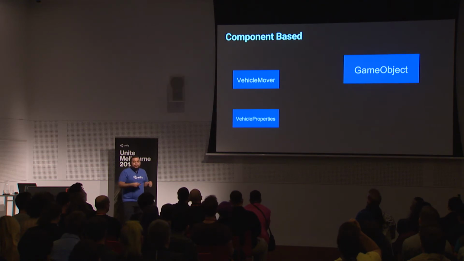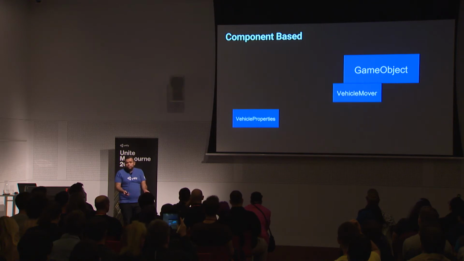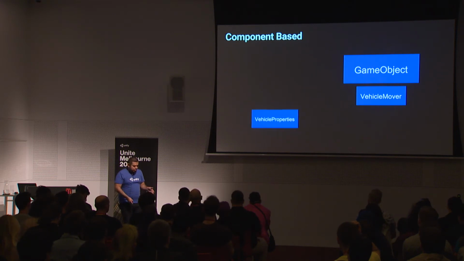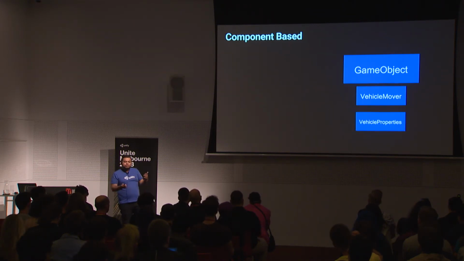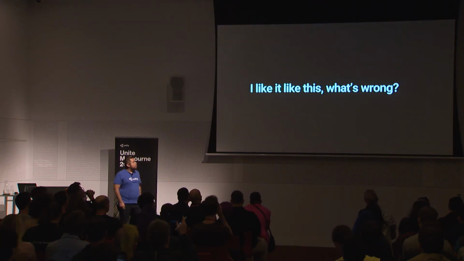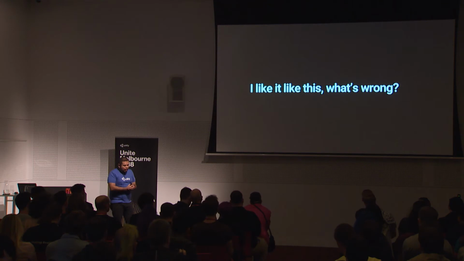If you're using MonoBehaviours, this is usually how it works. We have a root object, a node object that doesn't do anything. If we want this object to move, then we add a script or a component that makes it move. I can have another script that just holds properties, etc. That's how we go with this approach.